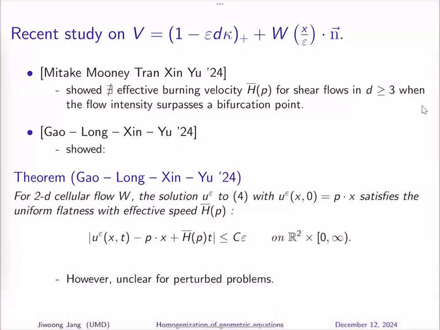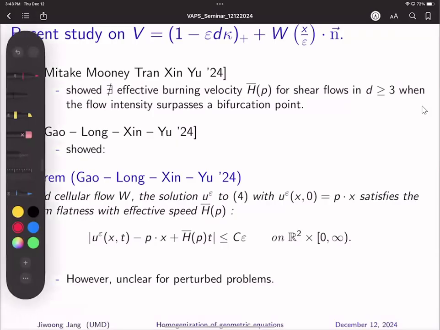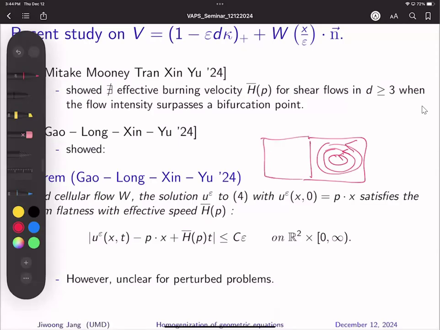So for the curvature G equation, we have the wind from the problem. For instance, in 2D, we have the cell, and the wind is also periodic. So the wind is circular, like in this direction, and we have a lot of cells. We have an initial arrangement of the hyperplane, and it travels by following the equation.